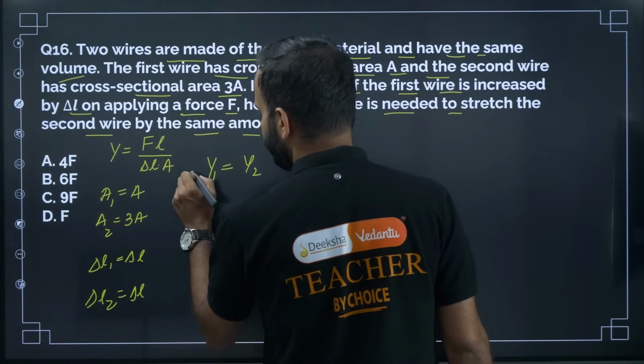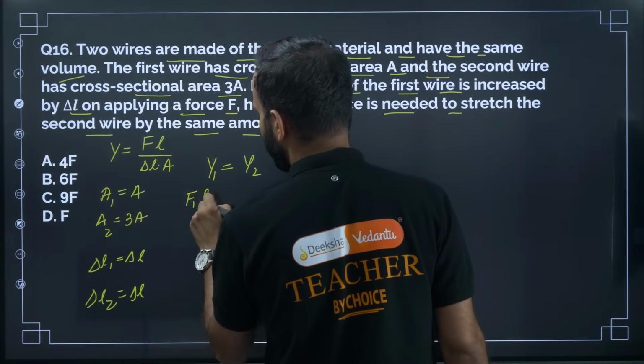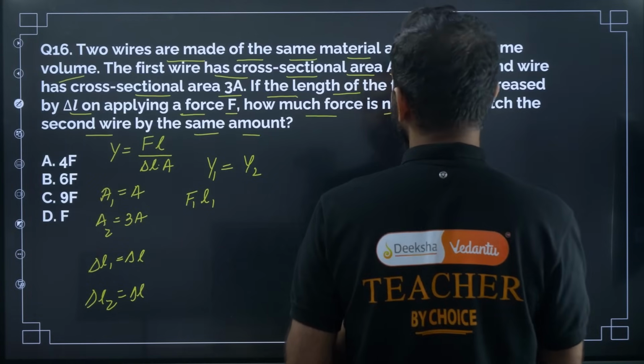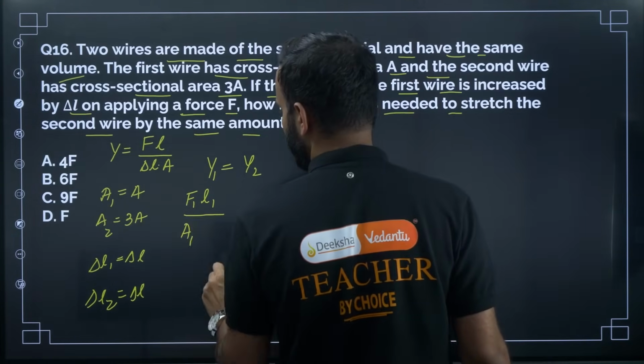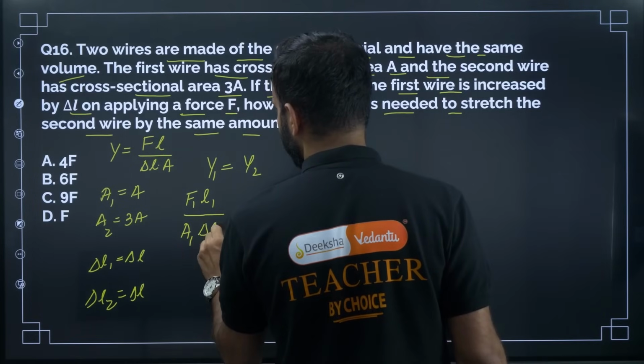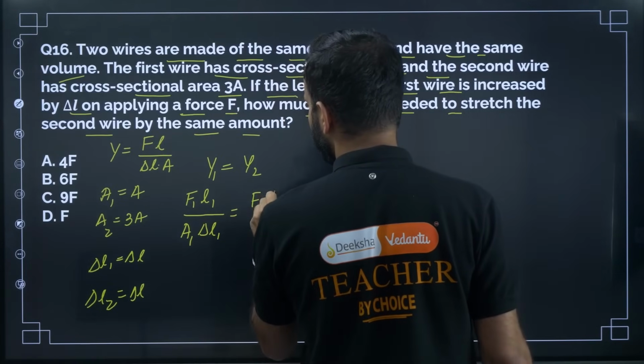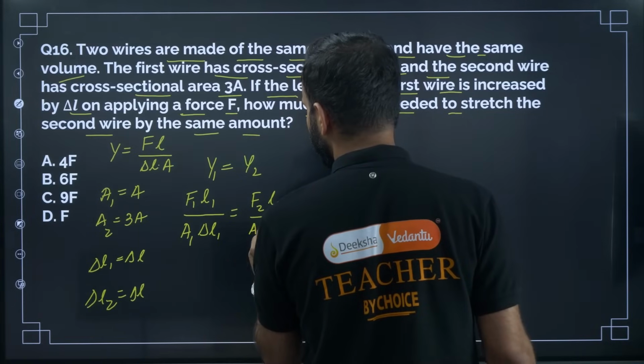So Y1 equal to F1 into L1 divided by A1 into delta L1, which is equal to F2 into L2 divided by A2 into delta L2.